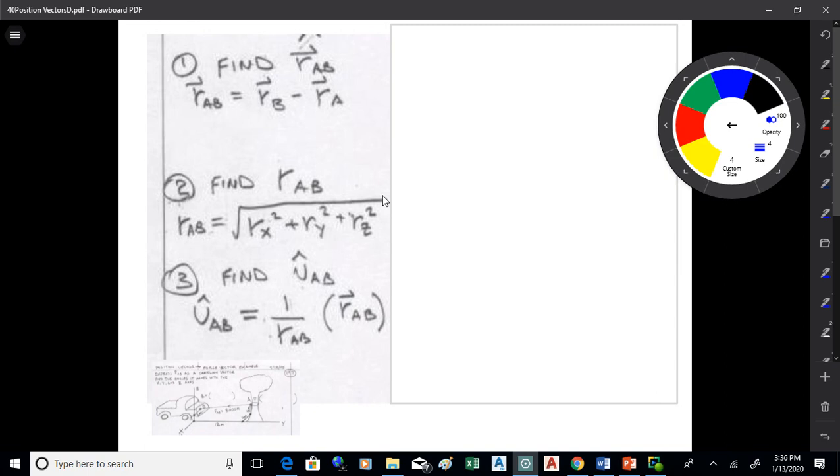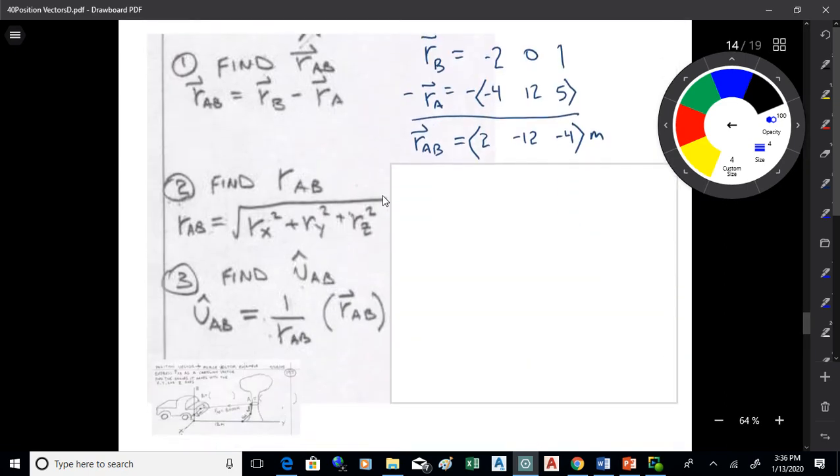So we want RAB. Good. So to get from A to B, are we going 2, -12, -4? When do you know to put the negative on A?